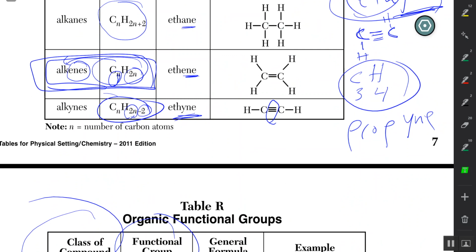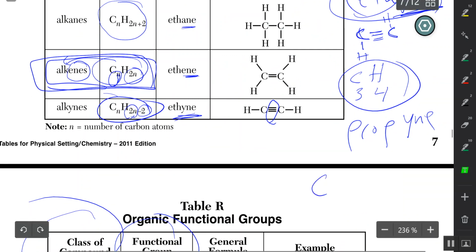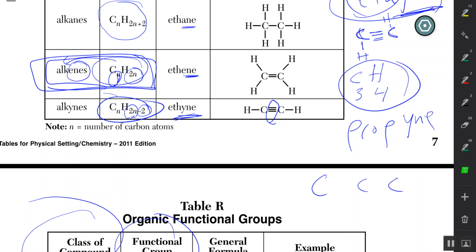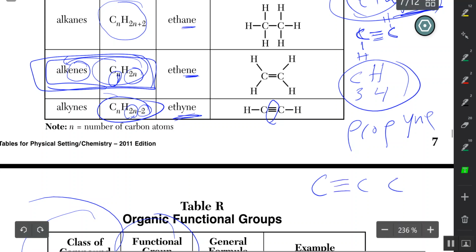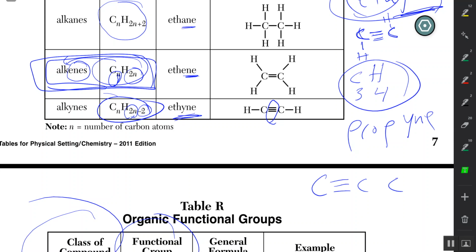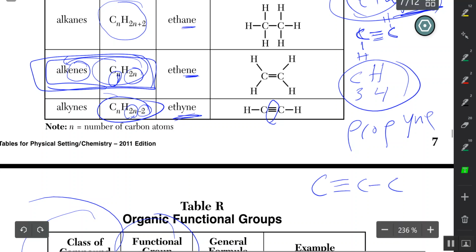Okay, and if I was to draw this, I could draw it like this: 1, 2, 3 carbons, and I would have a triple bond here between any of those 2 carbons, and then I would have a single bond here, and then I would have a total of 4 hydrogens. So 1, 2, 3 bonded, this carbon is bonded 3 times, it would need 1 more hydrogen.